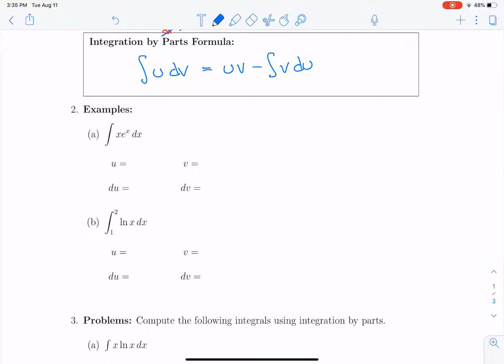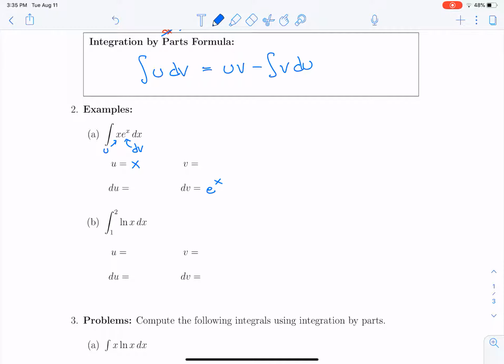What I really see is the product of two fairly simple functions. One of these I'm going to label u, and the other one I'm going to label dv. So u is going to be x, and dv I'm going to call e to the x. Now, why did I choose u to be x and dv to be e to the x?